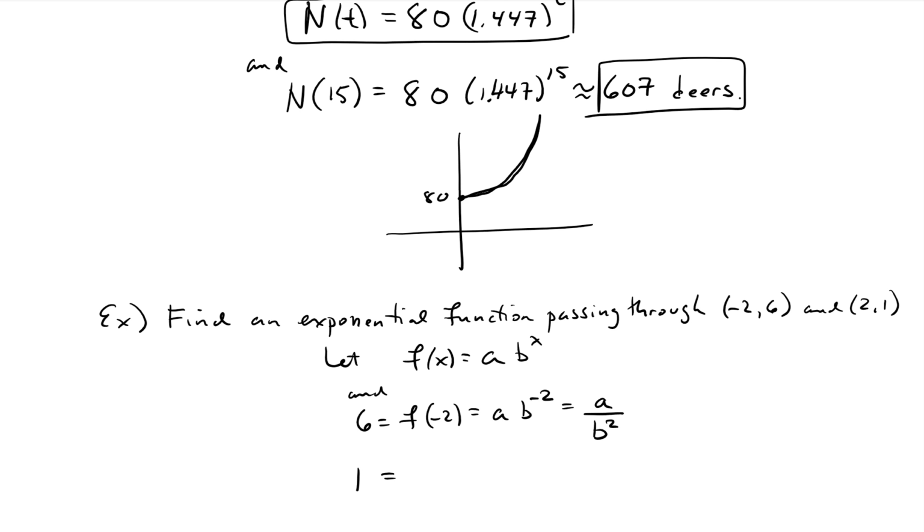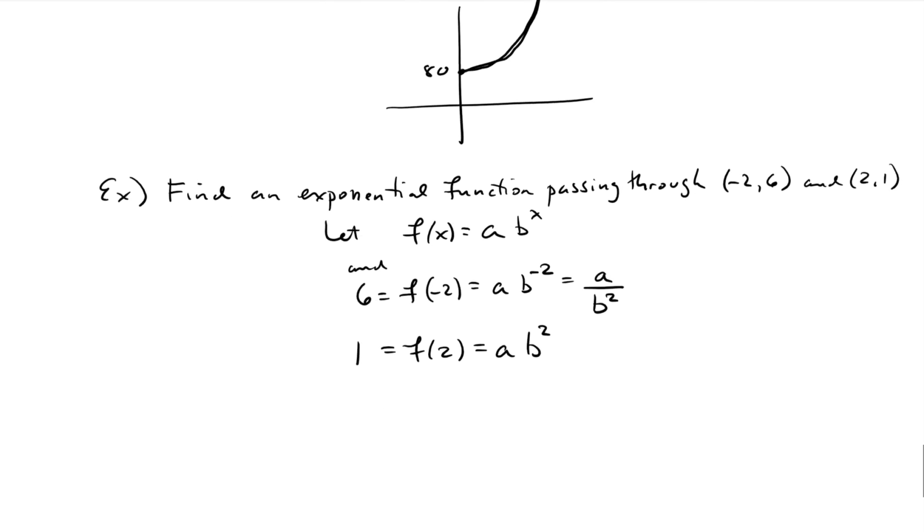And 1 is f of 2, because (2, 1) is my other point. So this is a b squared. Okay, so I basically have two equations to solve. One of them is 6 equals a over b squared. The other one is 1 equals a times b squared.